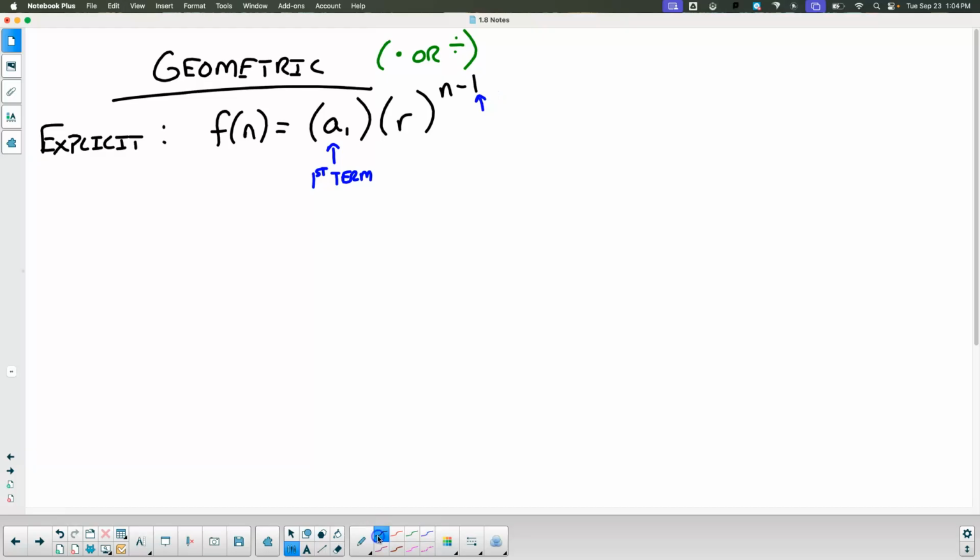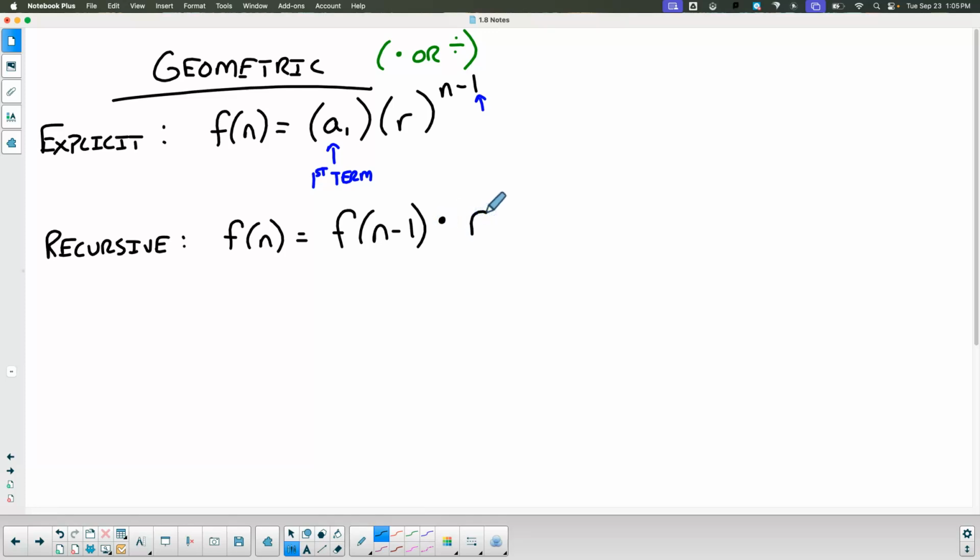The recursive is going to be your f of n equals f of n minus 1 times r.